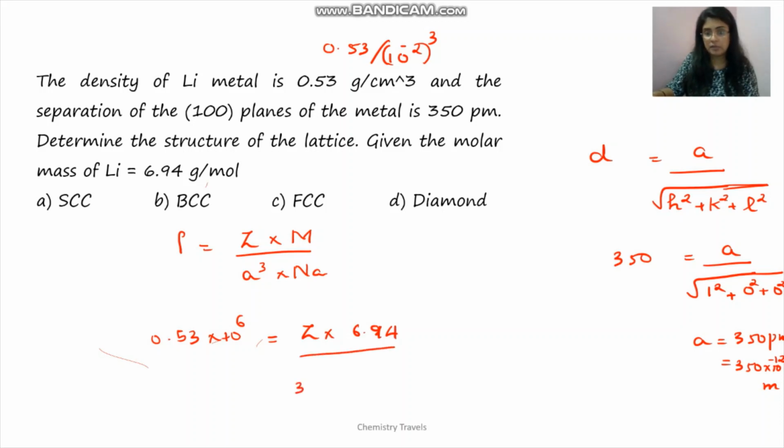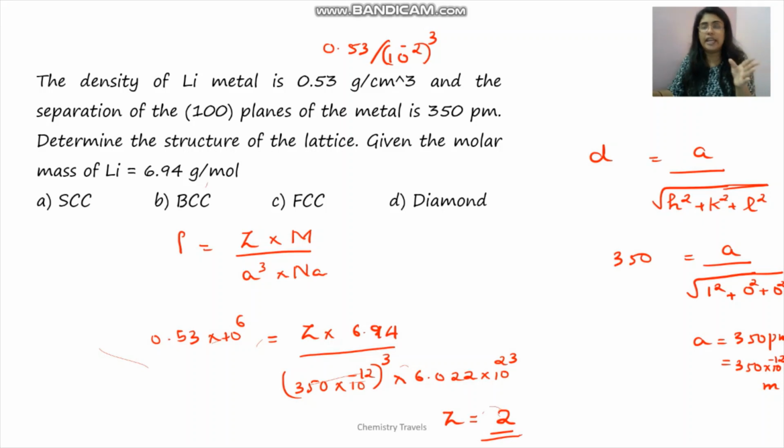A came out to be 350 into 10 raised to minus 12 meter, and I take the whole cube of that, into Avogadro number, that is 6.022 into 10 raised to 23. When I do the calculation, taking everything to the other side, my Z value comes out to be approximately 2. I get 1.95 something, which is approximately 2.